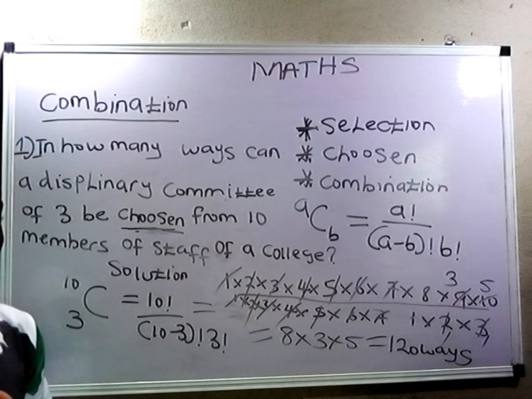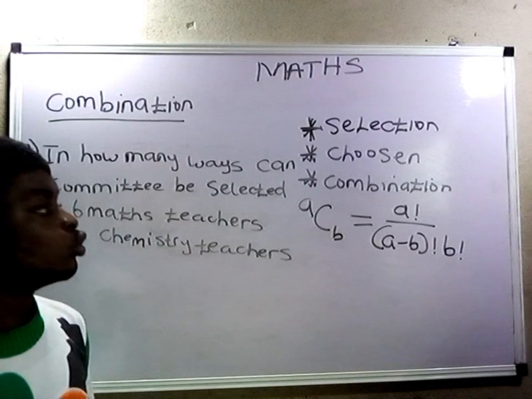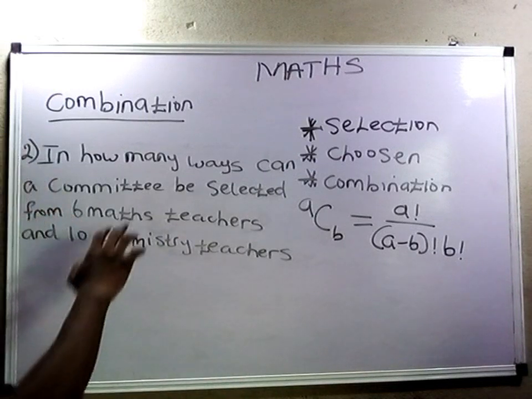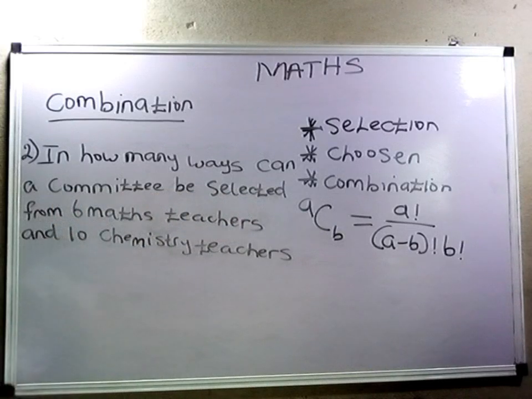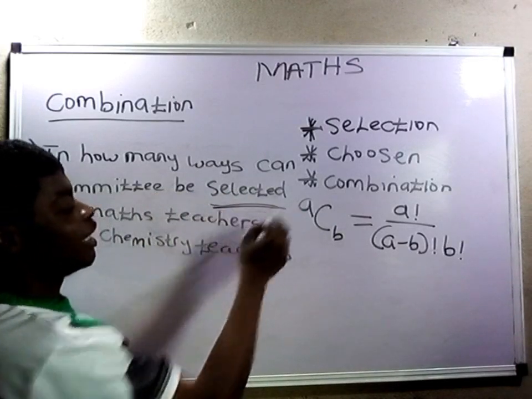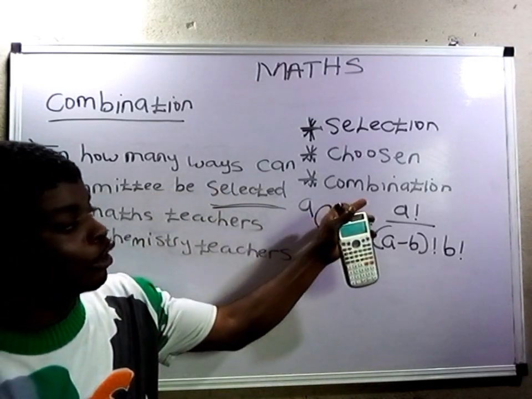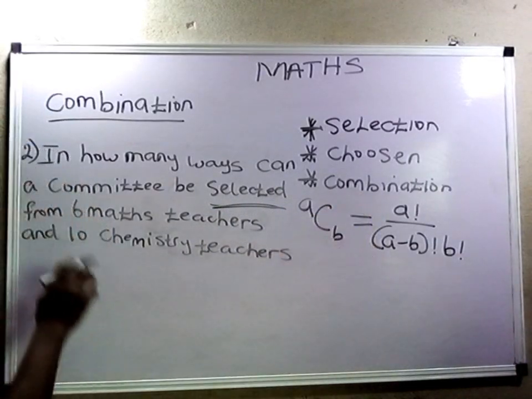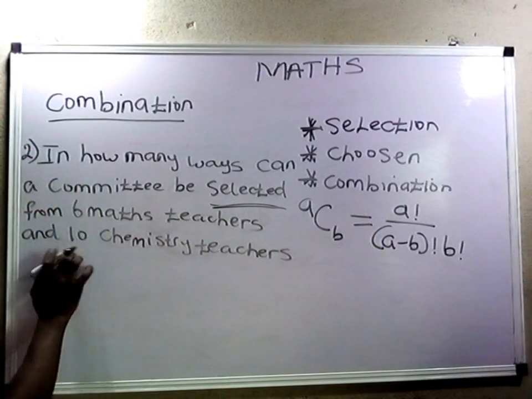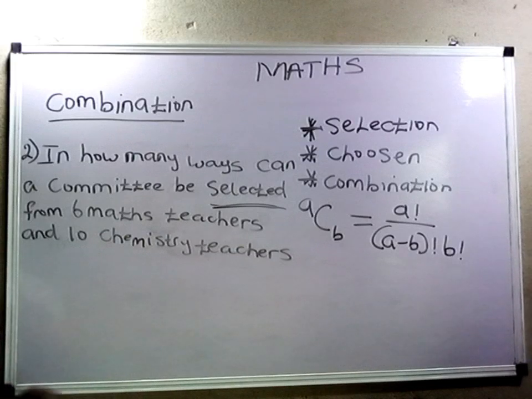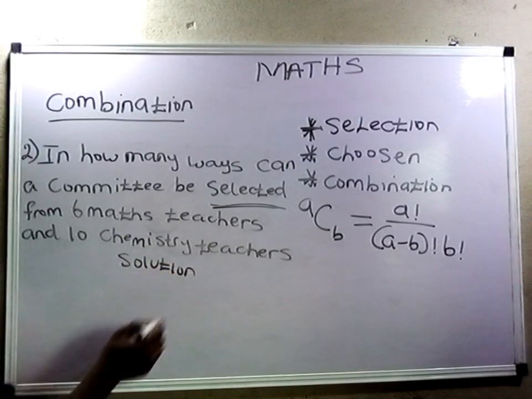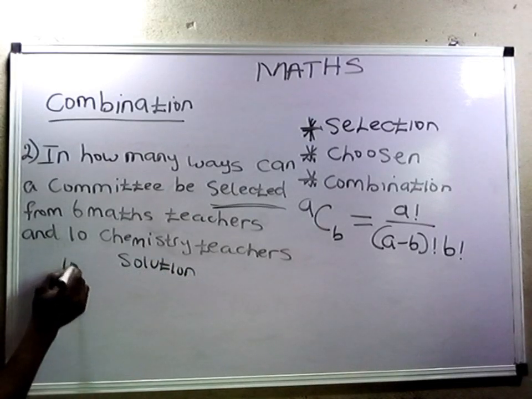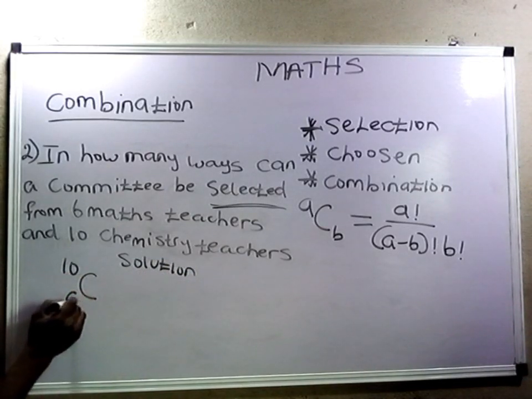Let's take another question on this video lesson. Question 2: in how many ways can a committee be selected? You see the word selected. I told you when you see the word selected or choosing, it means you have to apply the combination formula. From 6 maths teachers and 10 chemistry teachers. The solution is 10 combination 6.